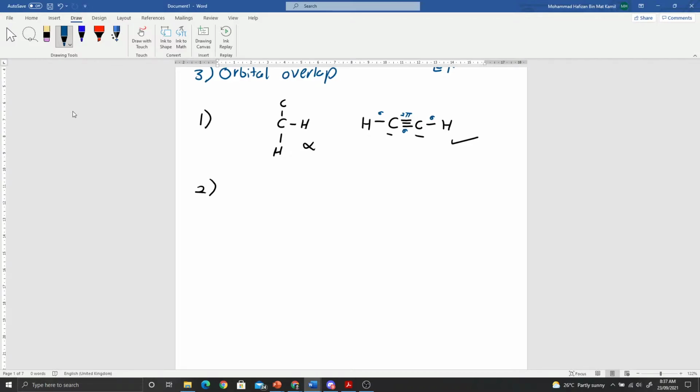Okay, to know what the carbon's hybridization is, we look at the amount of sigma bonds it has. Sigma bonds only. So for the carbon's hybridization, carbon has 1, 2. So there are two pairs. So it is sp hybridization. Because it has 1 and 2.